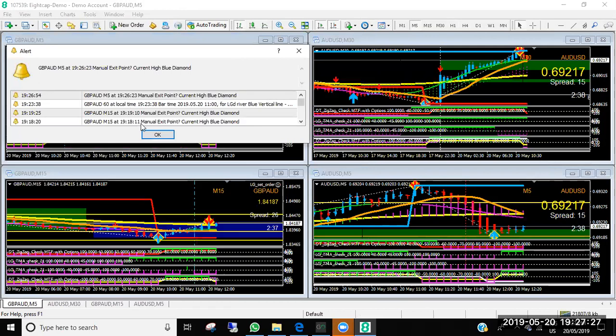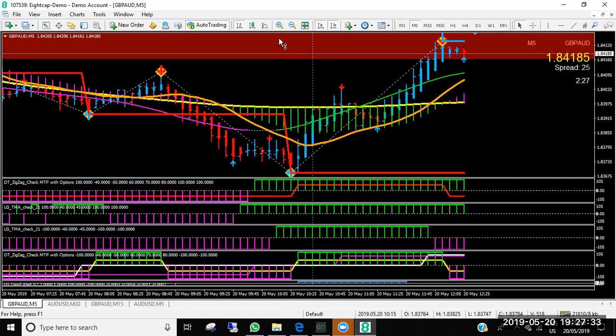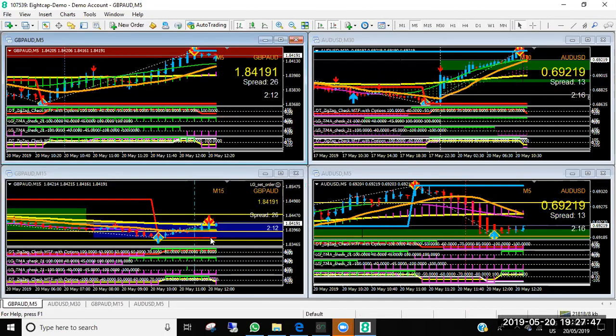Okay, cool. So top left hand, we now have an M5 chart of the trade. Here's the center line, still green.